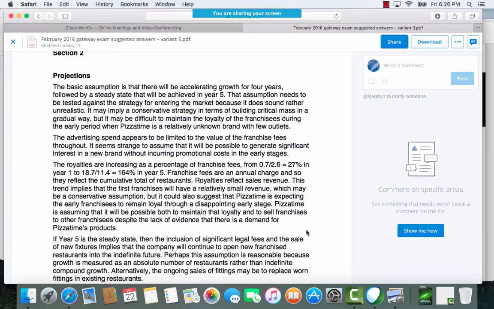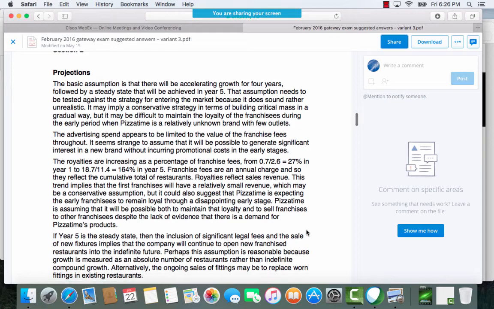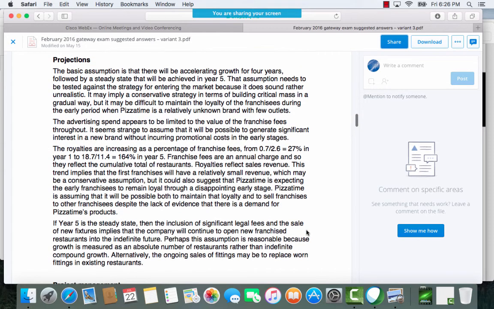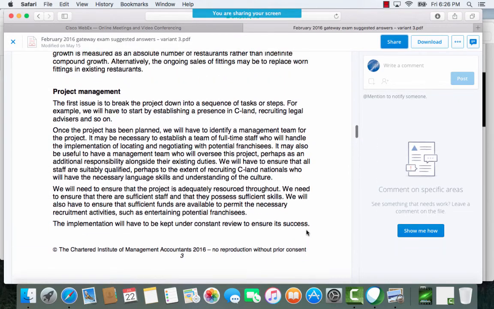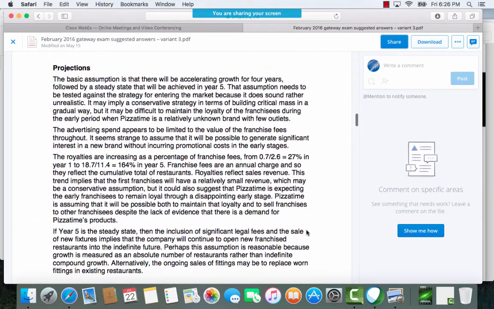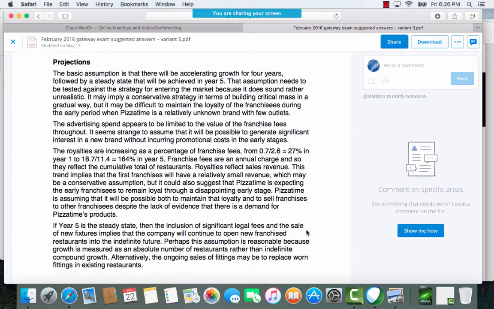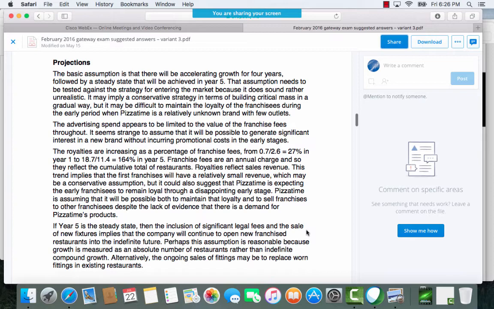You can see they're not even testing you on your technicalities here. In certain things they're not, especially at this top level. They're just asking you about the assumptions from a business angle.